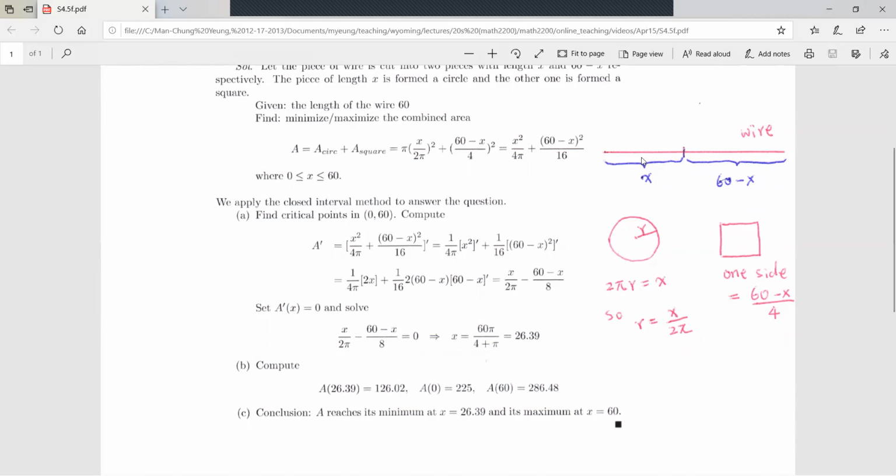When we use the whole wire to form a circle, then the combined area is the largest. The combined area reaches its minimum when x is this number. That means that when we cut the wire at this number, then the combined area is the smallest.